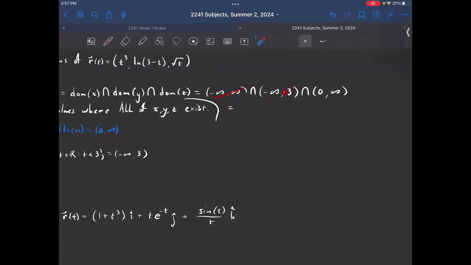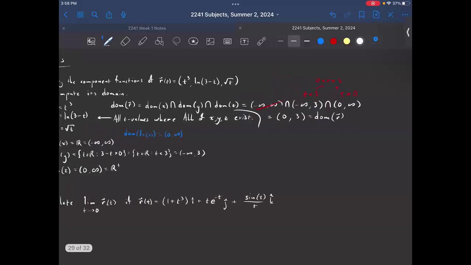This set includes all numbers that satisfy t less than 3, and this set satisfies all numbers t greater than 0. So we need to satisfy the inequality 0 less than t less than 3, which means that we have our interval from 0 up to positive 3 as the domain of vector r. And that's it. That's how you compute the domains of vector functions.